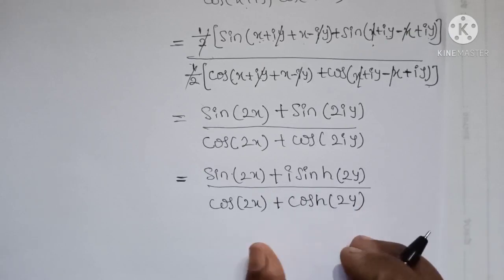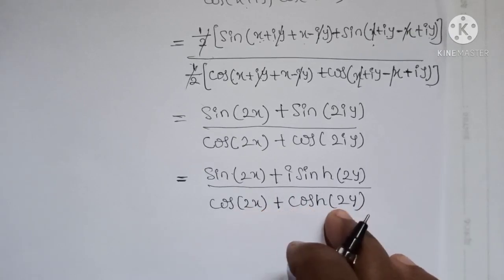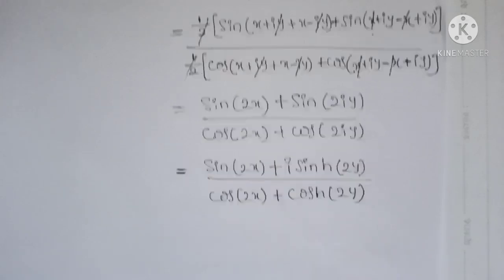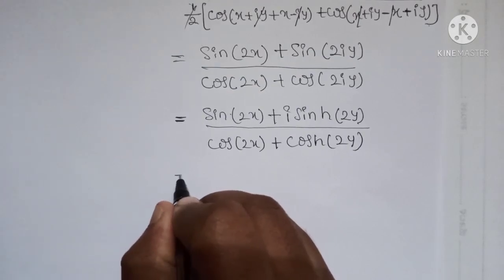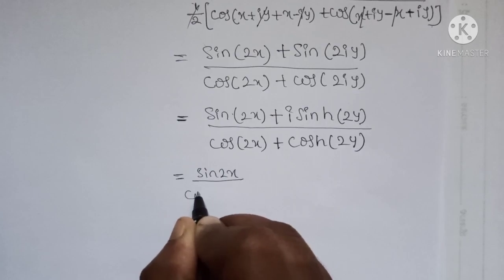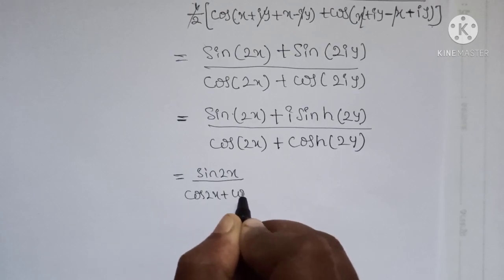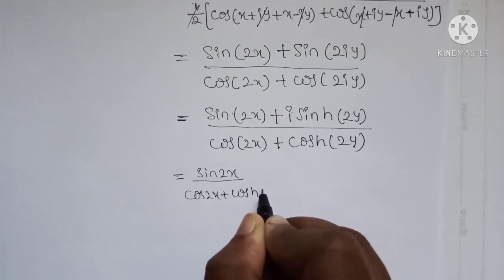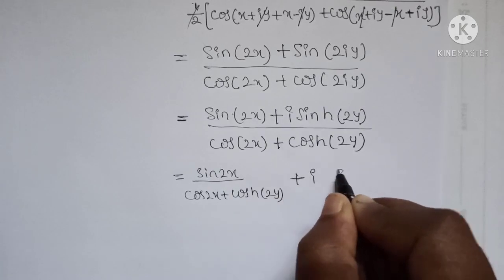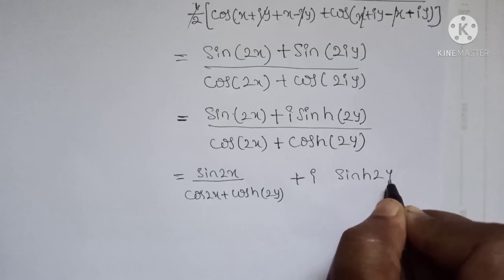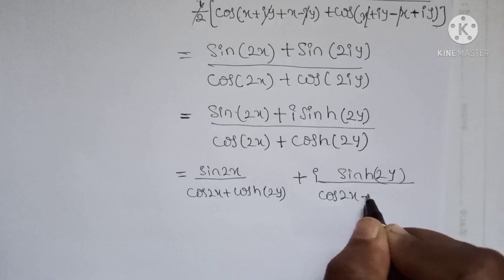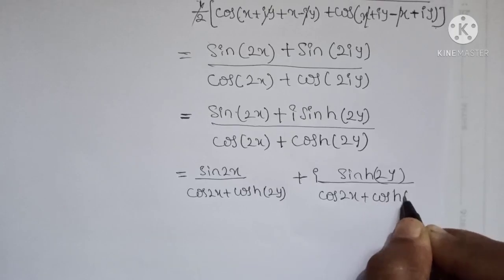We can observe that now the denominator is purely real, but in the numerator we have real and imaginary parts. Therefore this can be written as sin 2x divided by cos 2x plus cos h 2y, plus i into sin h 2y divided by cos 2x plus cos h 2y.